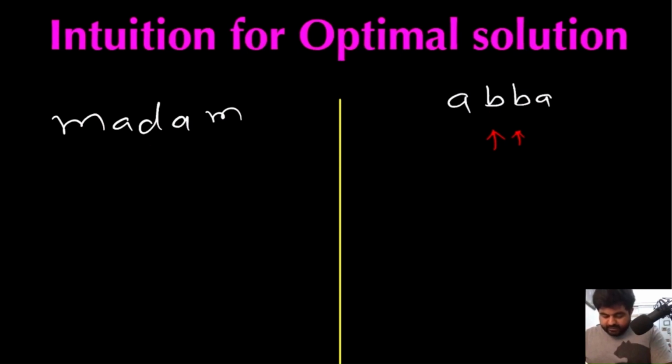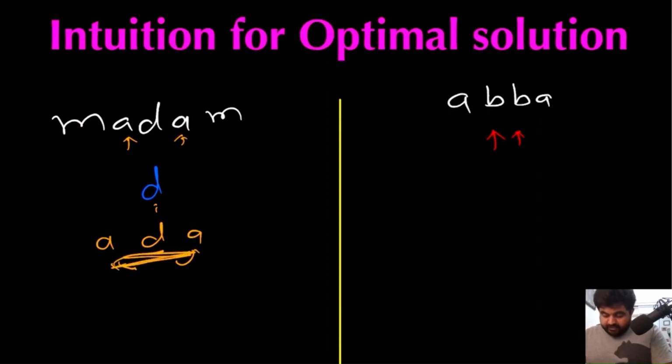If we take MADAM as an example, we can conclude this D to be a substring on its own, and because it is a single-character substring, it is a palindrome as well, since reading from the left or the right we get the same result. Now if we add these two A's to this D, we get the substring A, D, A. In each case this D remains common, but because the left value and the right value are the same, we can conclude this string to be a palindrome as well.